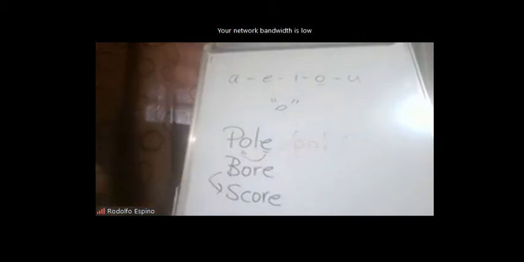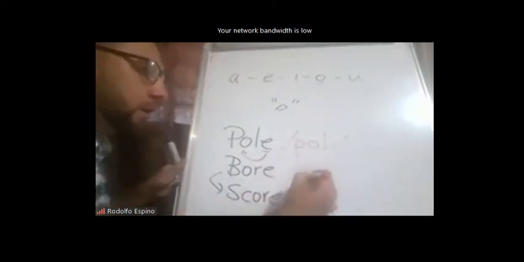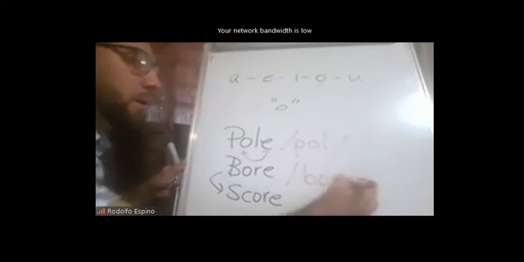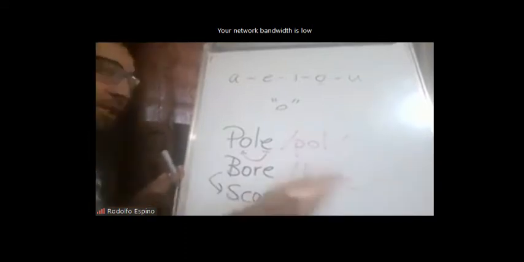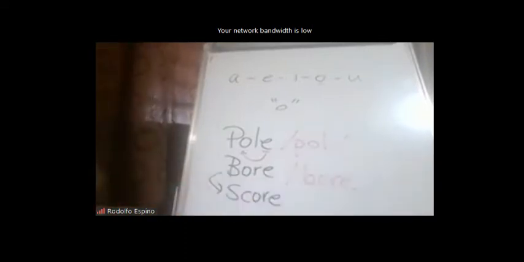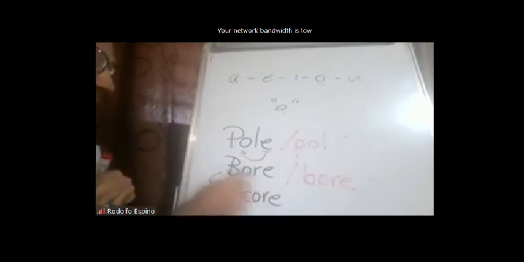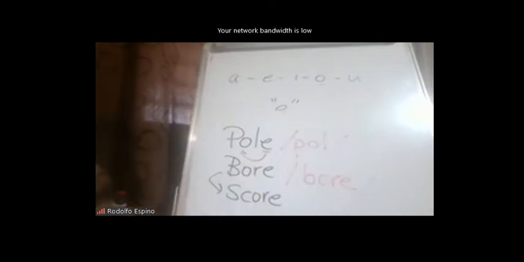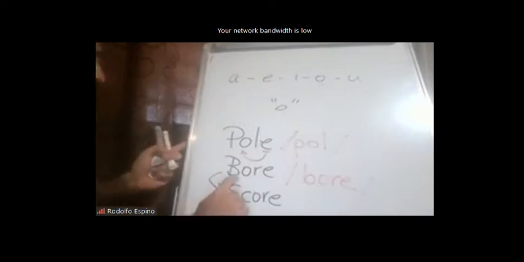But here, you cannot do the same, because if I say bower, which is what logically comes into our minds when we see this, then we are violating the other rule I told you. So it cannot be bower, because this is a tense vowel.